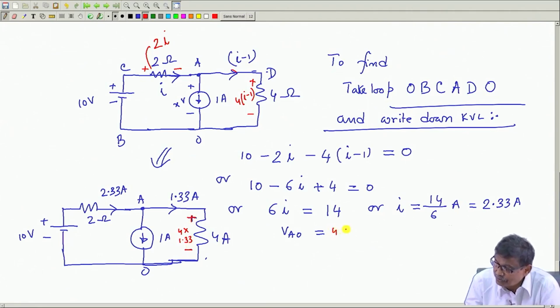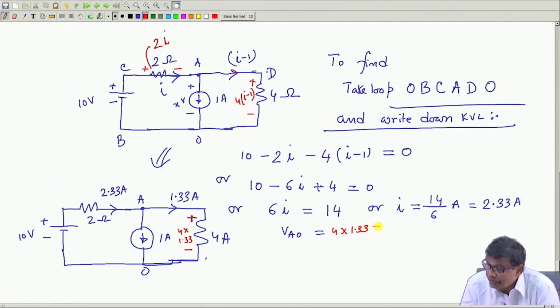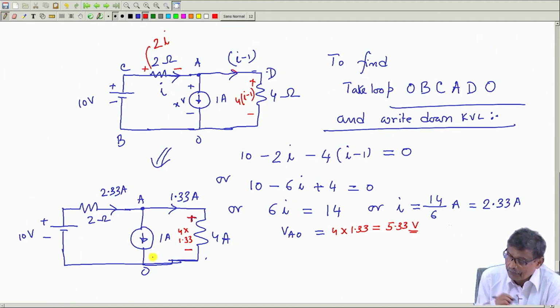How much is 4 into 1.33? 5.33 volt. So, this VAO will be 5.33. So, you see the voltage across the current source for this particular example is 5.33. If you change this resistance to some other value, it will have some other voltage. So, this voltage is this one.